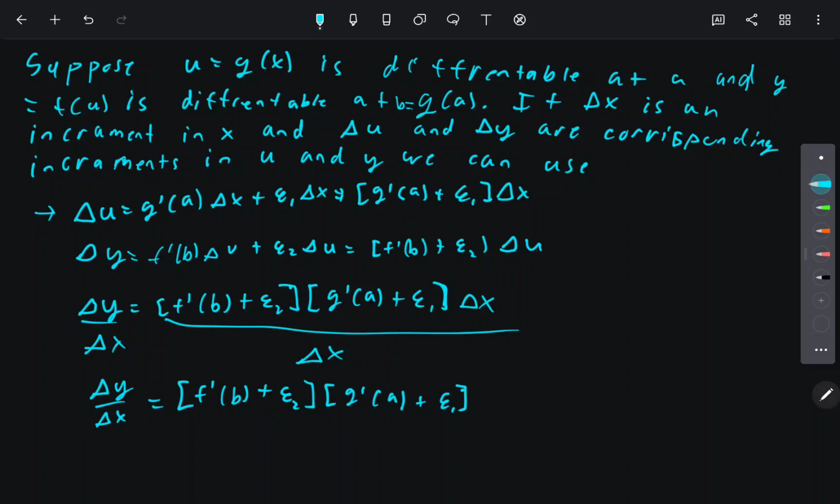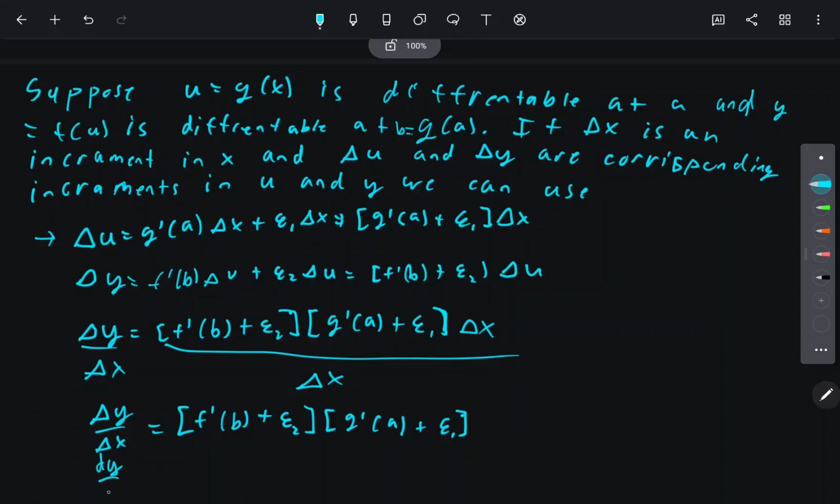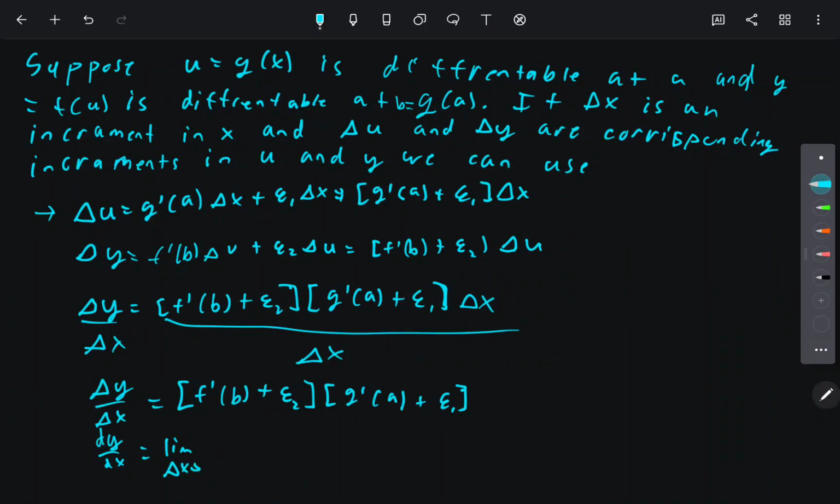So taking the limit as the change in x goes to 0, because we want dy dx, we're going to take the limit of everything over here as change in x goes to 0 of change in y over change in x, which is the limit as change in x goes to 0 of f prime of b plus epsilon 2 times g prime of a plus epsilon 1.